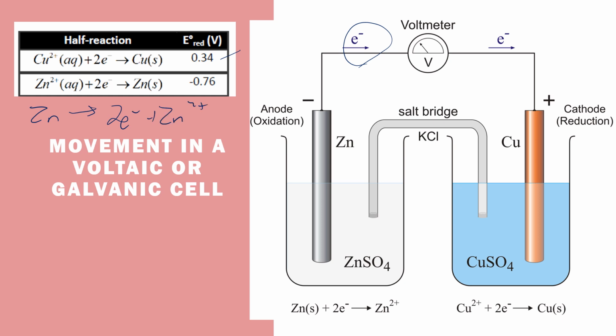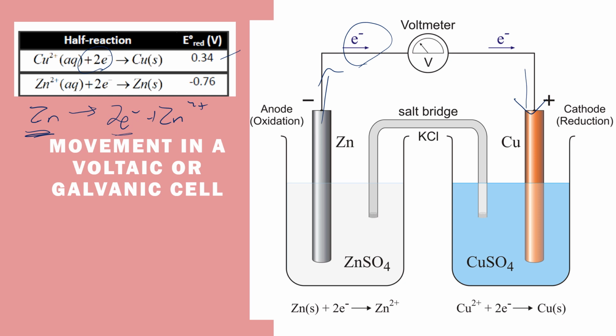I flipped that. So the zinc loses its electrons, releases them, they go up the wire, and they travel around to the copper. Well, copper needs to gain electrons, so that's why the electrons travel in that direction. You will be asked to label diagrams like this in order for the movement of electrons.